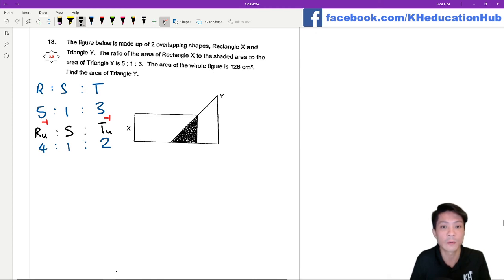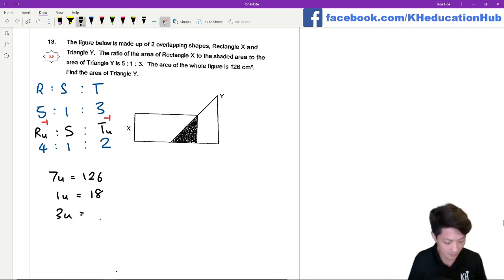So the area of the whole figure is 126, which means that 4 plus 1 plus 2, 7 units, is equal to 126. So 1 unit is equal to 18. They want you to find the area of triangle Y. The area of triangle Y is basically 3 units, 54 cm squared.